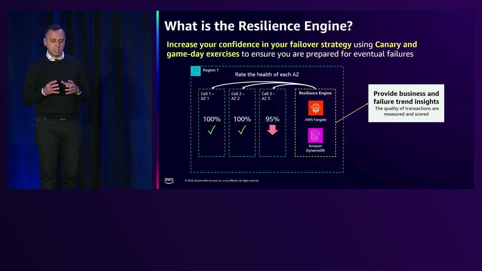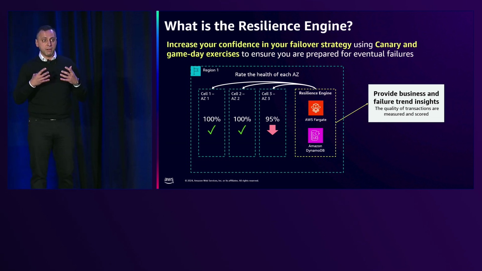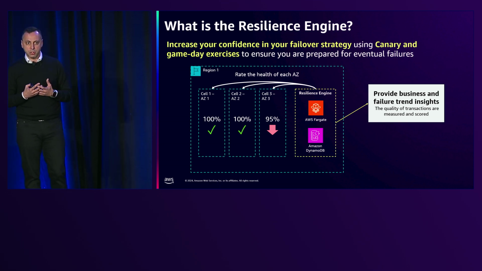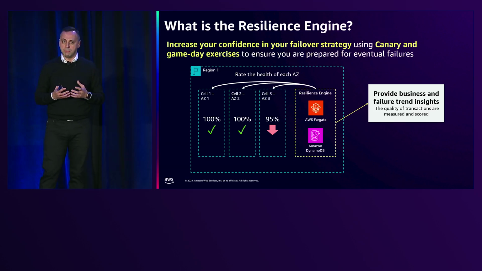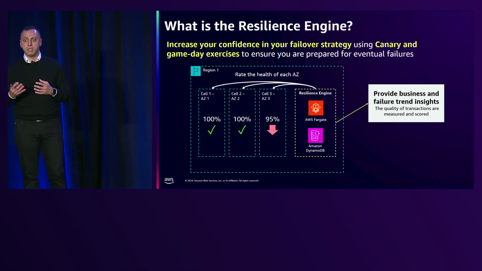What's great about this is we're actually able to gather all of these alerts from CloudWatch and other observability tools, even from our own application and the transactions occurring on them. We're funneling this data into Amazon DynamoDB, and we're assigning a rating for every transaction. So not only do we understand the health of the cell, but we also understand the health of each transaction occurring in that cell.